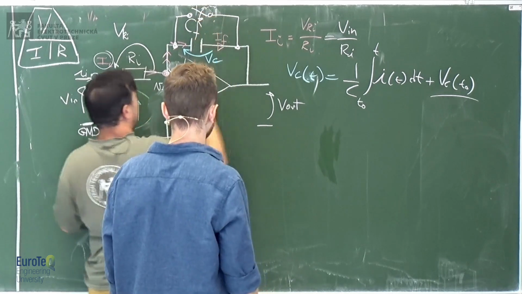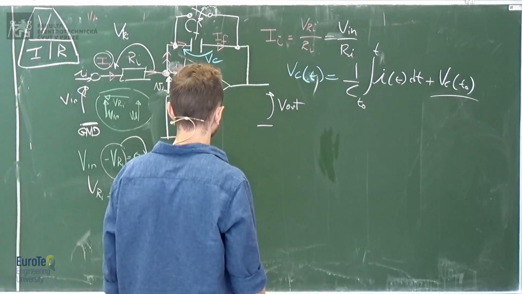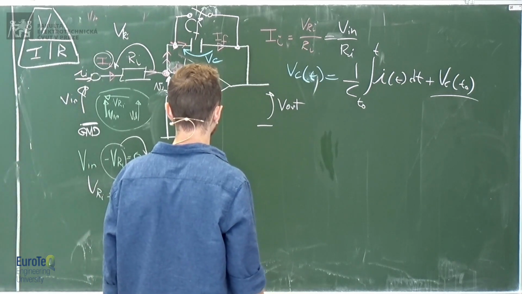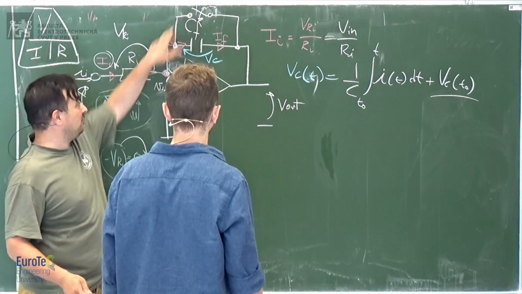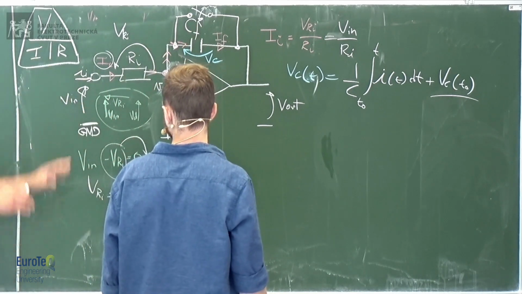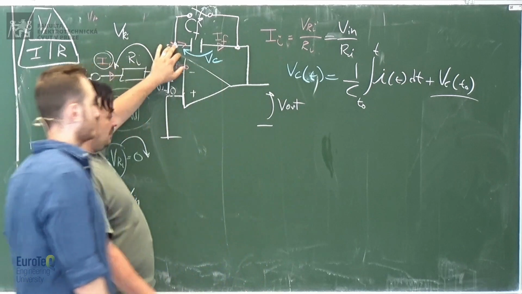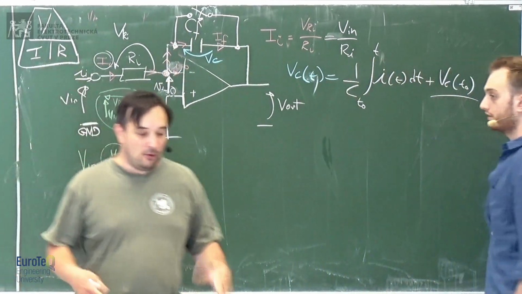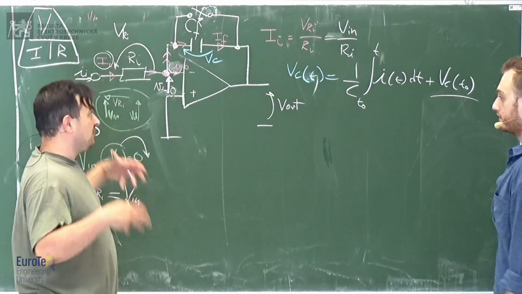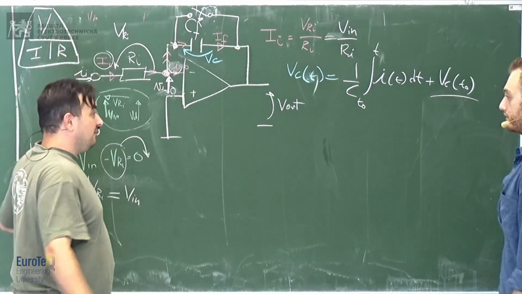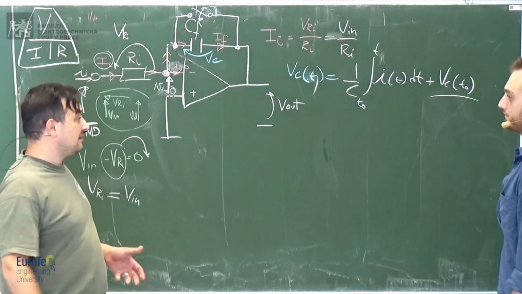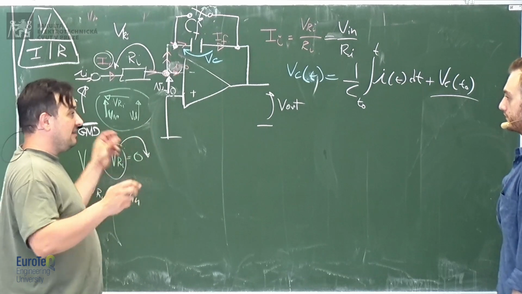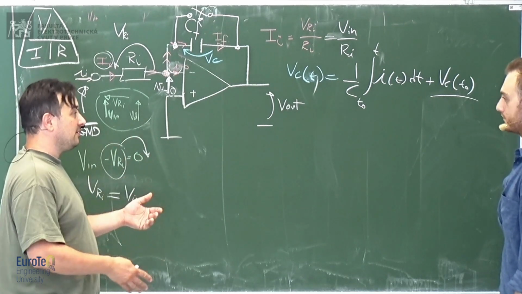So if you have a capacitor and you force the voltage to be 0 with the switch, it means that you need infinite current, because you have a step of voltage. We have 1 volt there, and in 0 seconds later you have 0.